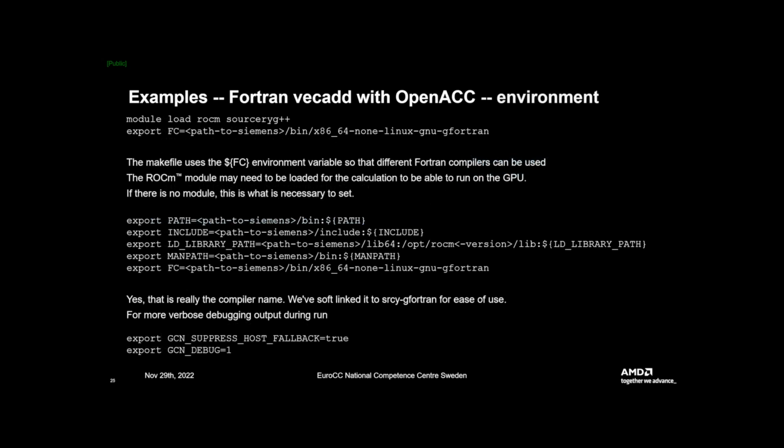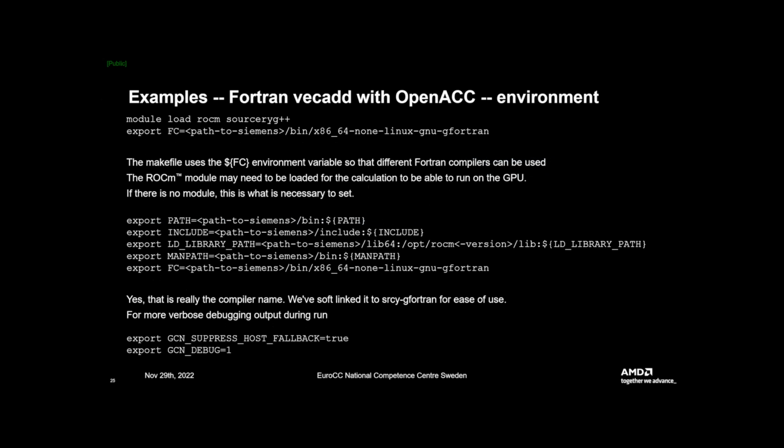So if you want to try these examples, here are the directions for the Siemens compiler. If you do a module avail, I think it's called Siemens on the ACP system. You'll want to set the FC variable so that it points to that compiler.